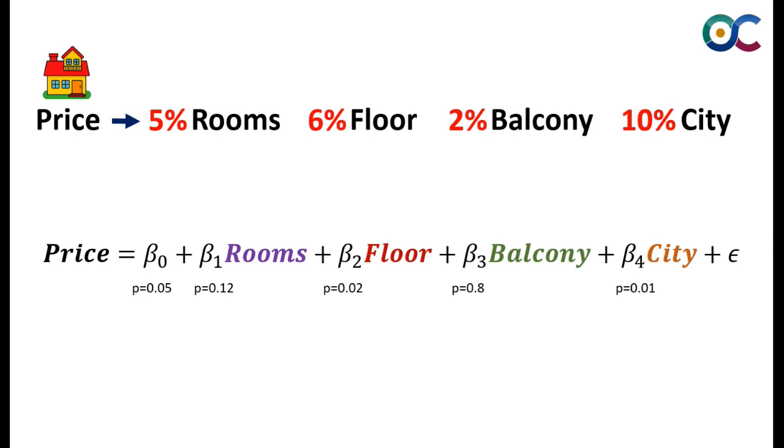Betas are also something like picking a ball from a bag full of 100 balls. So let's say that you do an experiment where you take a sample of houses from a neighborhood and you do this experiment 100 times. You take a sample of the houses 100 times and you estimate betas.